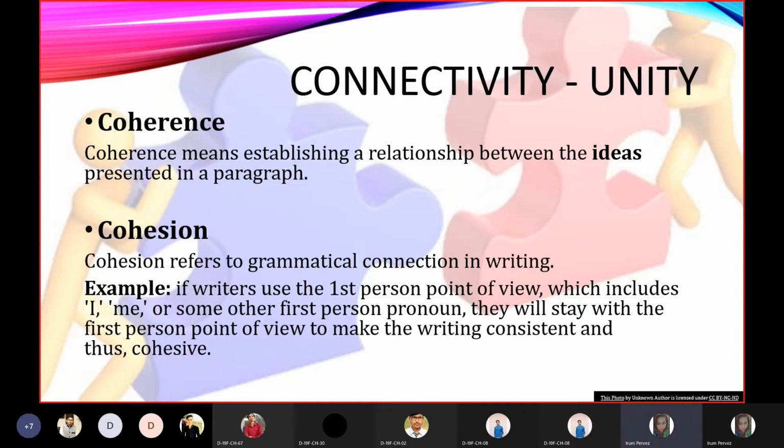Please let me know if the difference between coherence and cohesion is clear.